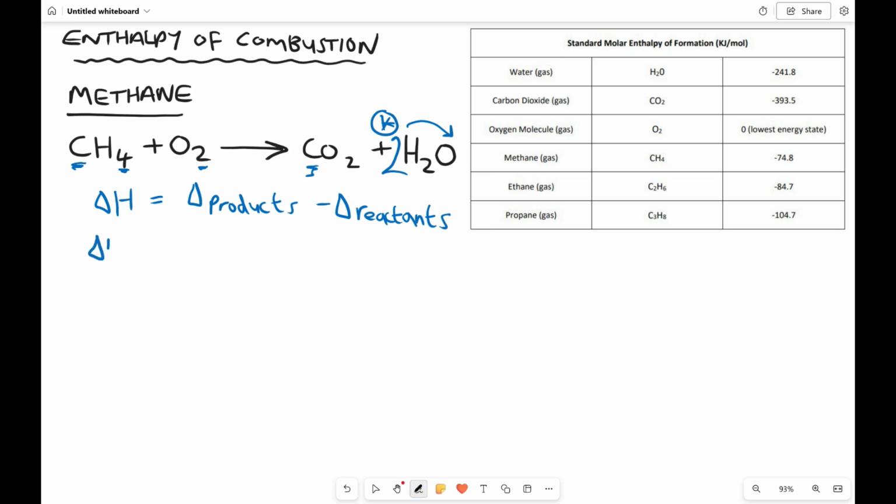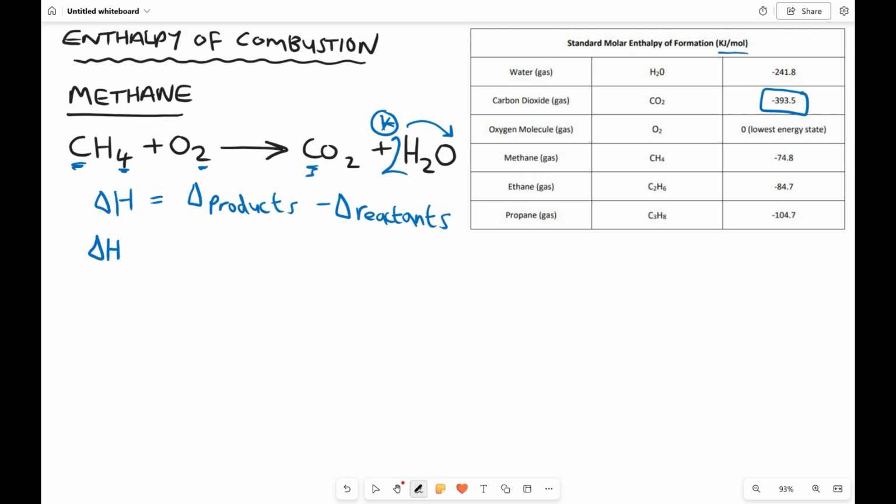Now we have to be a little bit careful here because we have negative values for our standard molar enthalpy of formation values. We start with the products, which are on the right hand side, and we have one CO2 molecule. So using the table, for one CO2 molecule, we have an enthalpy of minus 393.5.